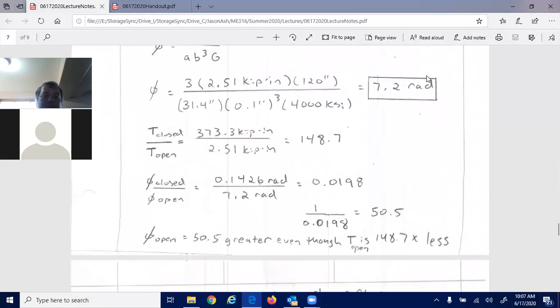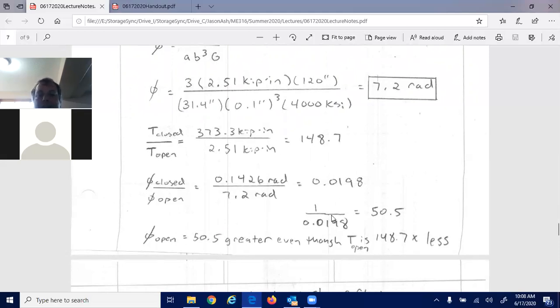We can look at those ratios, the torque closed versus the torque open, 373.3 divided by 2.51, is 148.7 times greater torque that can be applied to the closed cross section. And closed versus open, it's just a fraction, about 0.02 of the angle of twist that you would expect.